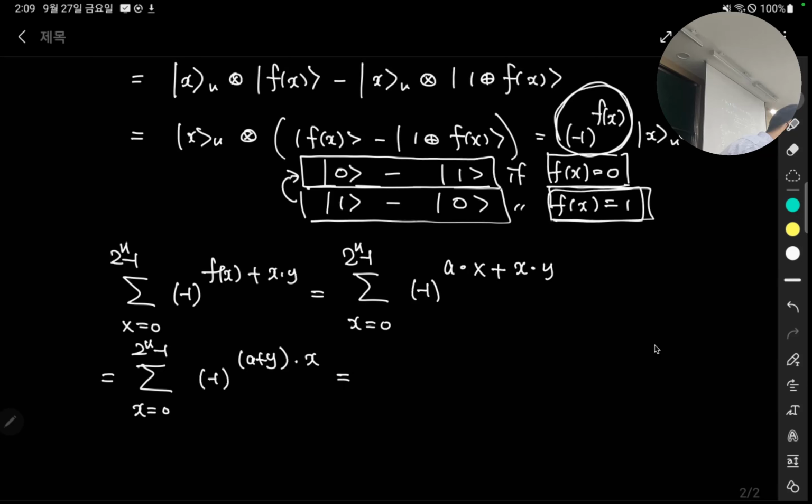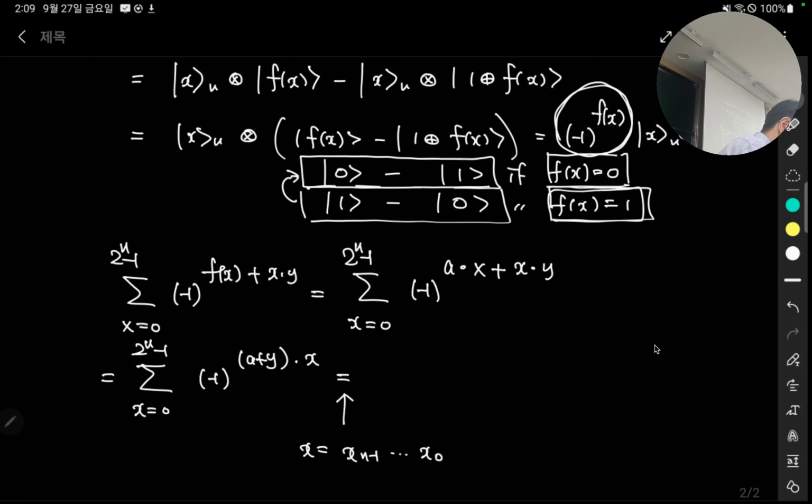And now let's think about it in a little bit different way. I can split my x as x n minus 1 up to x0 in a bit string.